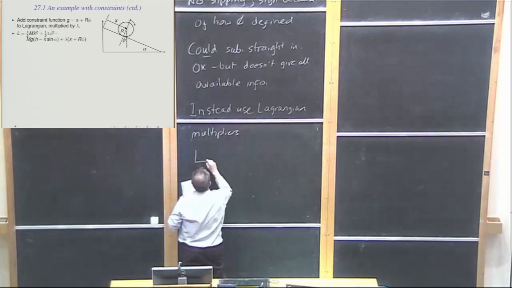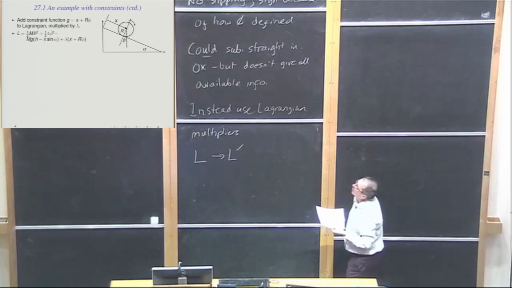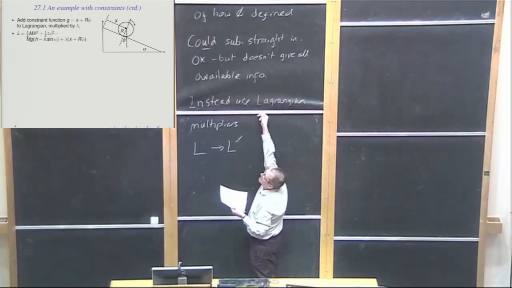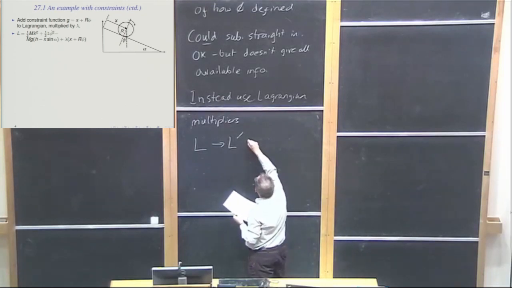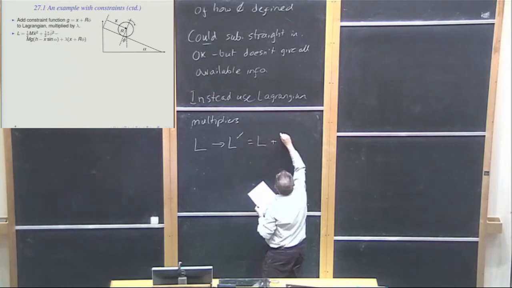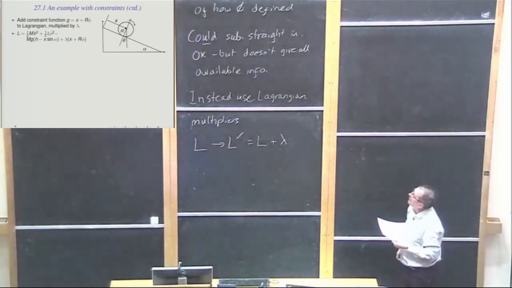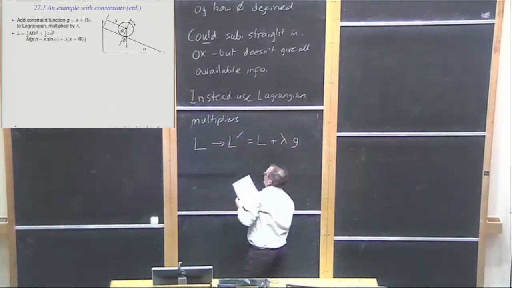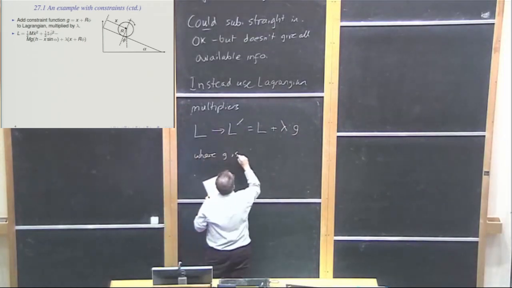It means that the Lagrangian changes to, so L changes to say something we'll call L prime. But I note on my slide I still just called it L, but just for the purposes of writing on the board, which is the previous Lagrangian, but then we add onto it some factor lambda times G, where G is the constraint equation.